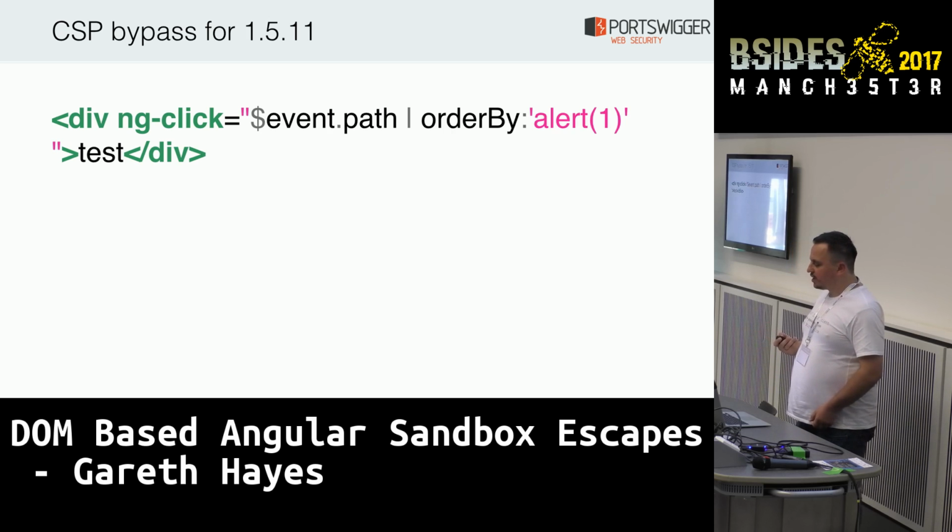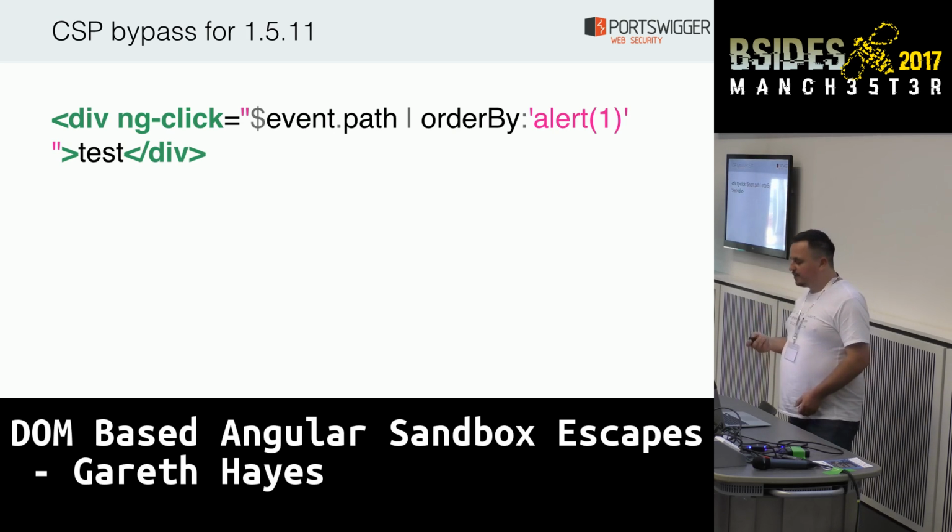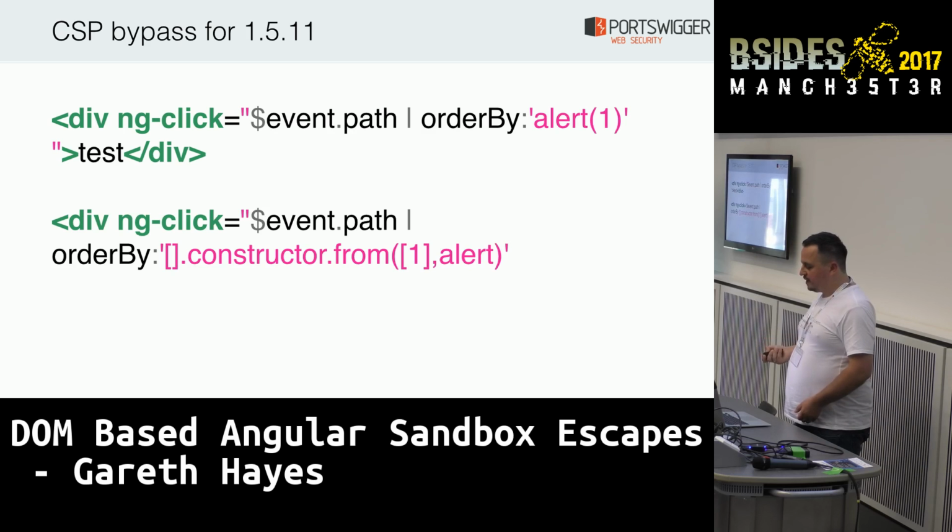But this doesn't work on the CSP mode. The reason it doesn't work on the CSP mode is because Angular doesn't execute the code with the Function constructor. But you might remember the vector that I started off with in the earlier slides. You can get around that and bypass CSP mode using the from function.